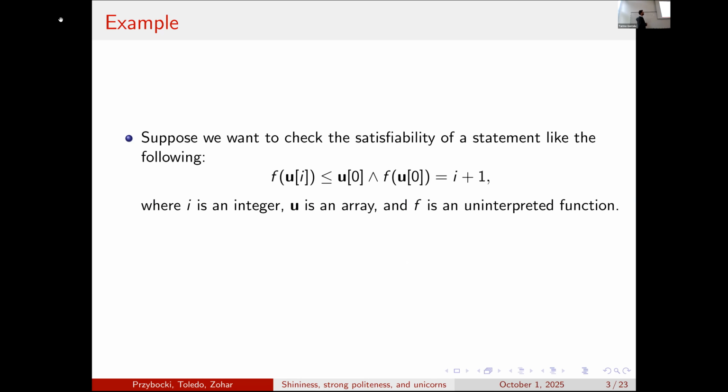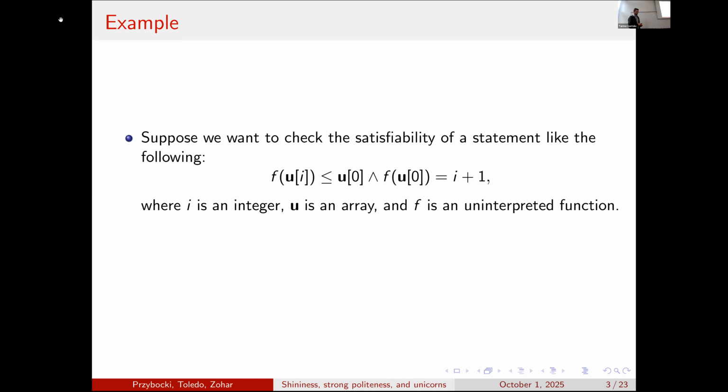As an example, suppose that we want to check the satisfiability of a sentence like this. Here f is some uninterpreted function symbol, I'm using the bold u to be an array that we're indexing into, and i is an integer. We have the less-than-or-equal-to constraint, we have plus, uninterpreted functions, and arrays.